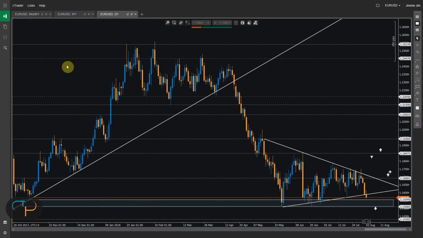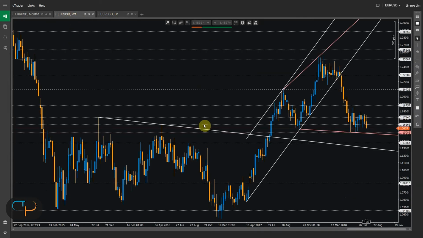For the target I have to switch back to the weekly chart because the next major target is this level here, which is the projection of this area here, because we have three important levels, all projected by highs. This one, the first, this one, the second, and this one, the third.